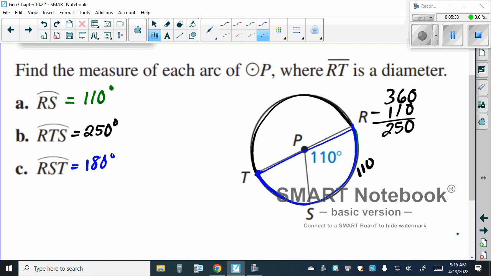Anytime we connect an arc to the diameter, it's going to be 180. Any questions on this here? So that means for ST, it would be 70, because those two have to add together to be 180.